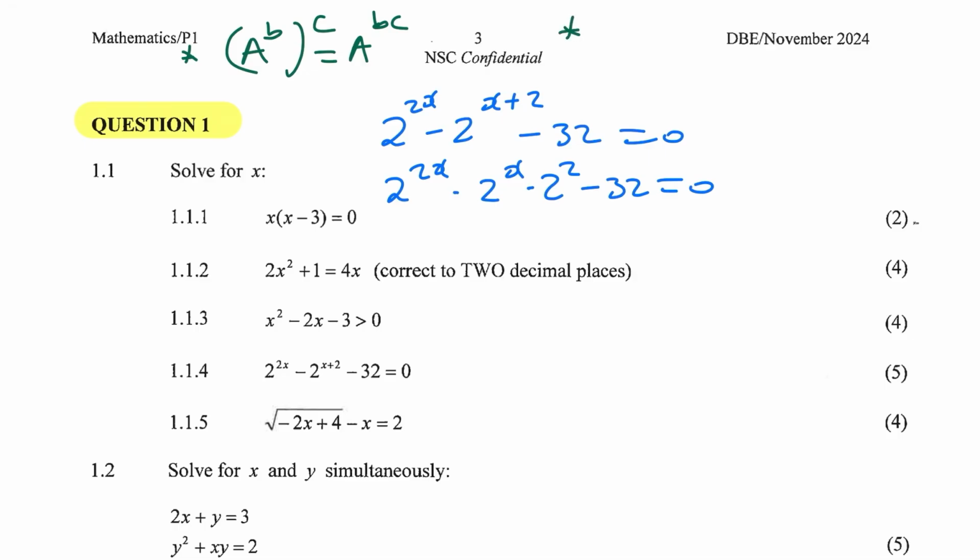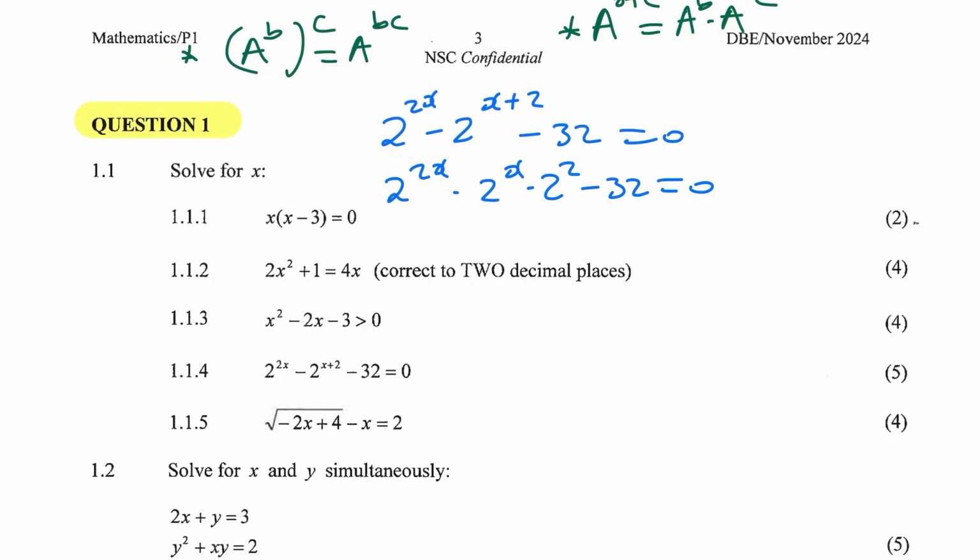And another note I'm giving to you that you're going to be using: if you have a power b plus c, this could be written as a power b times a power c. That's what we were using here. It was 2 power x plus 2, so it's going to be 2 power x and 2 power 2.